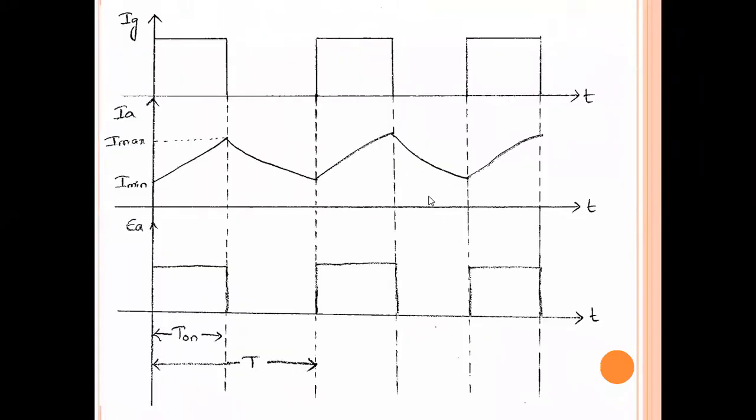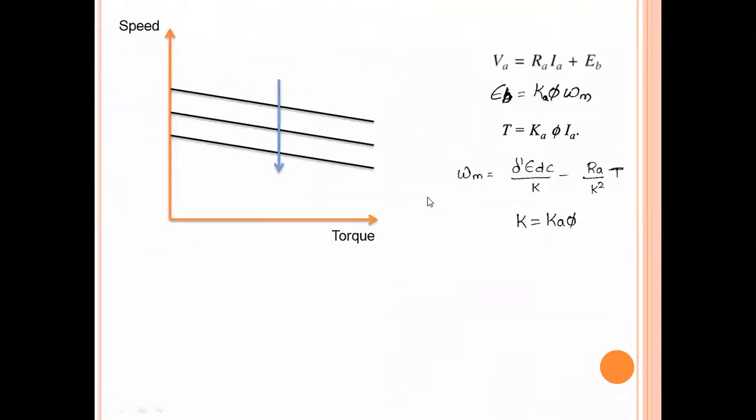And next we will see the torque speed expressions. We know that it is a separately excited motor, so VA is equal to IA RA plus EB, where EB is the back EMF. We can write the back EMF for a separately excited DC motor as Ka phi omega m, where omega m is the speed, phi is the flux, Ka is the constant.